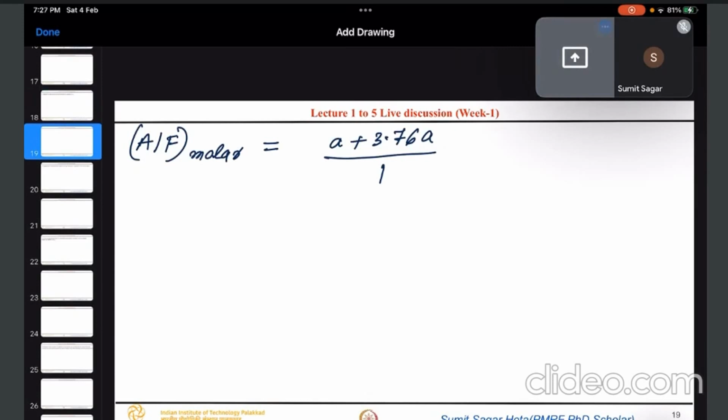Simple. So the value now comes out to be 4.76a.